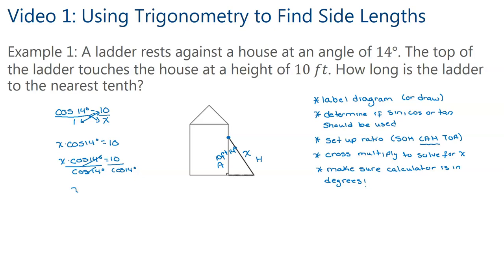They cancel. You get x equals 10 divided by cos 14. That works out to be 10.3 when you round to the nearest tenth. So now we can say that the ladder is 10.3 feet long.